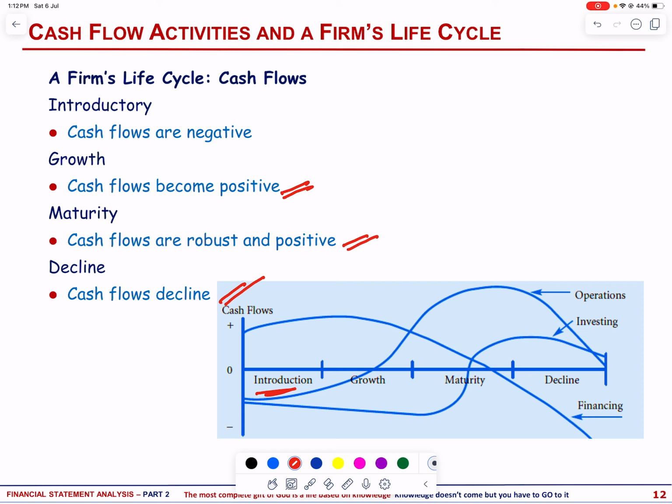Cash is used to retire debt and may fund dividends or stock repurchases. Firms manage various product lines across these phases, influencing overall cash flow management, strategic decisions, and financial health. Understanding these phases helps in evaluating a firm's long term financial strategy and resilience against market changes.